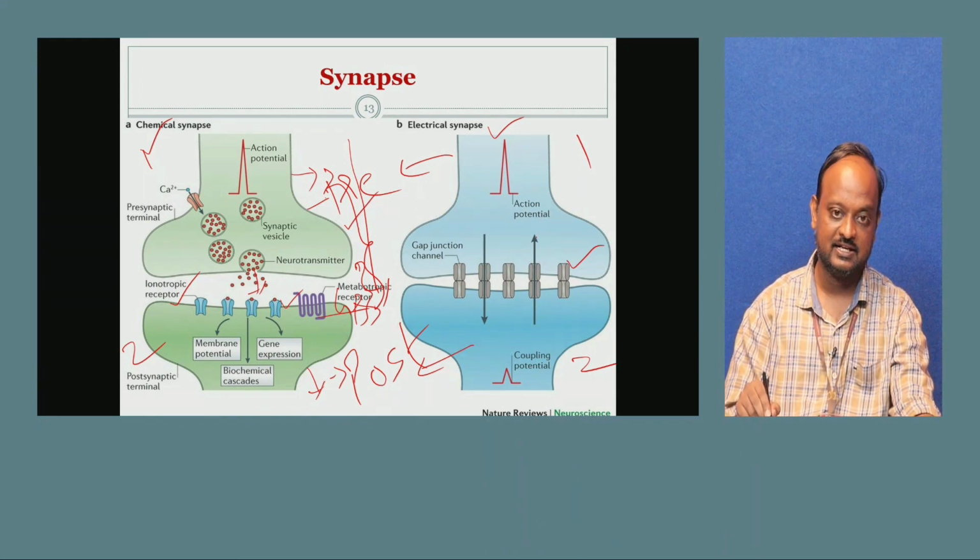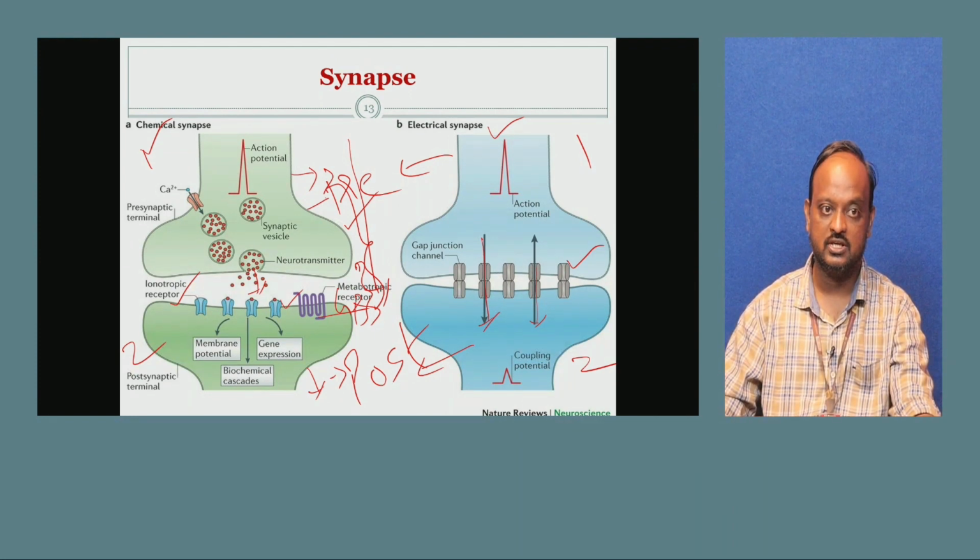The electrical signal will directly move through these particular channels, the integral proteins present between the two neurons, and the electrical signal will pass through these molecules. So this is about the chemical synapse and the electrical synapse.